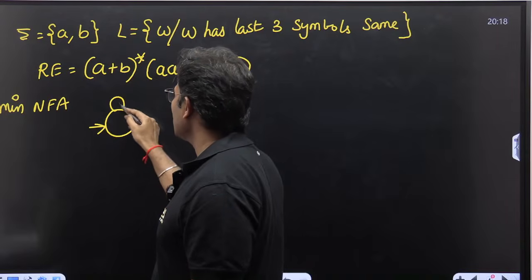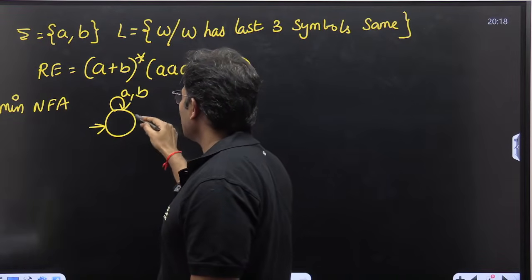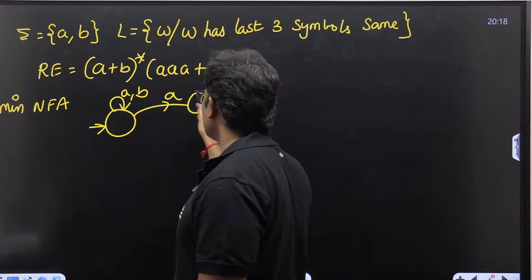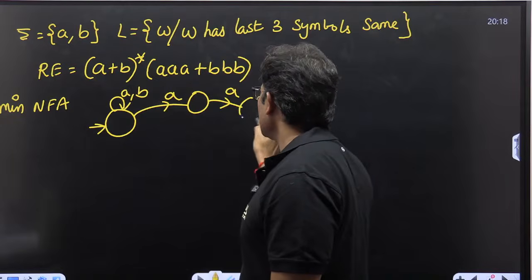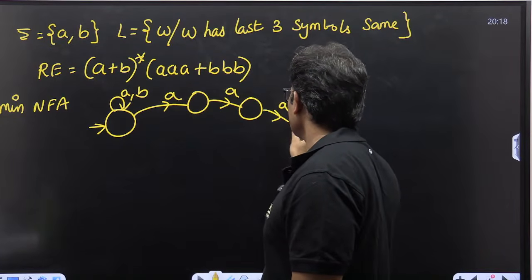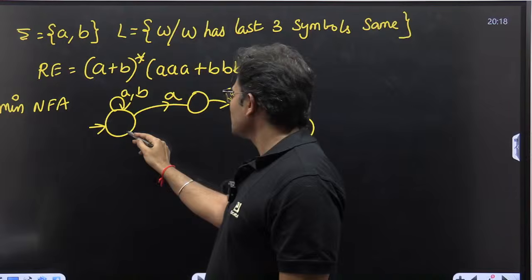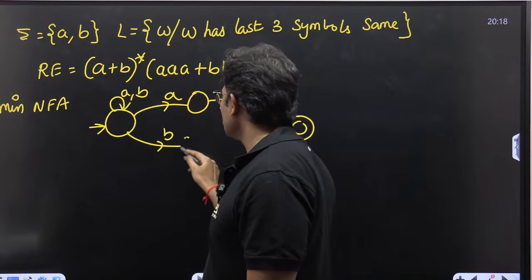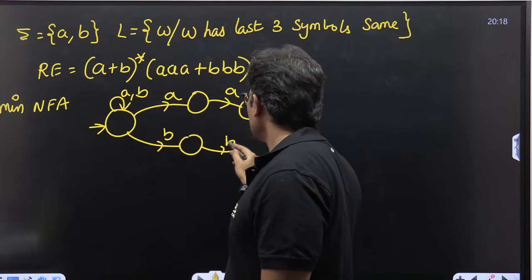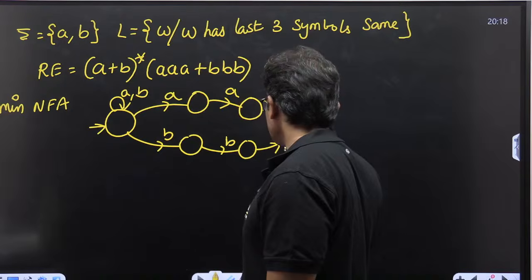So initially there can be anything. Then the last three symbols are going to be either AAA, and you accept it, or it is going to be BBB, and you accept it.